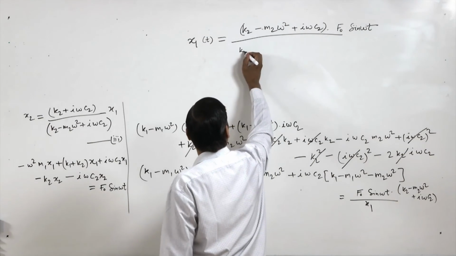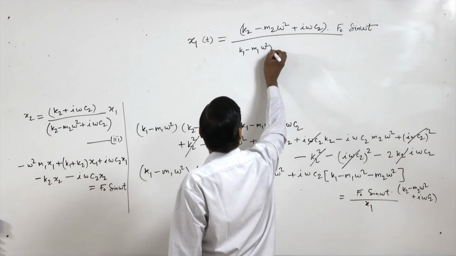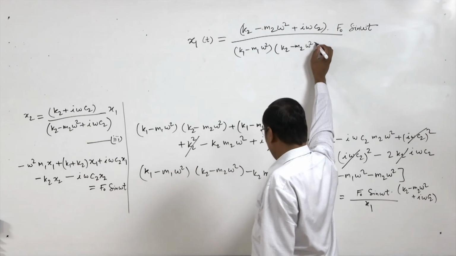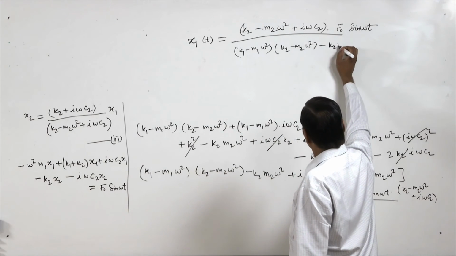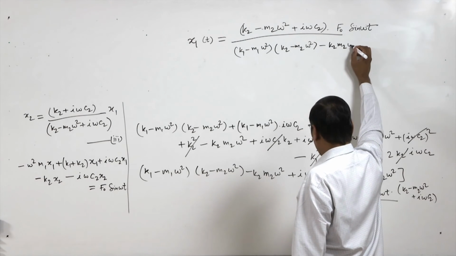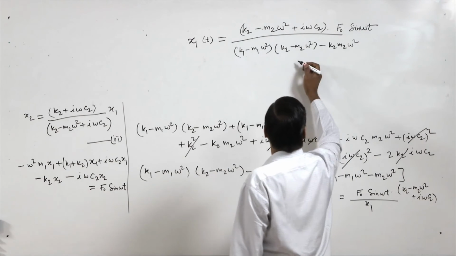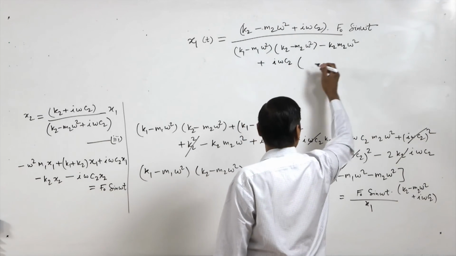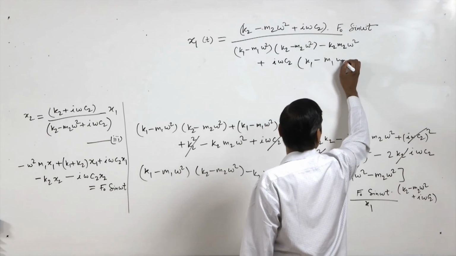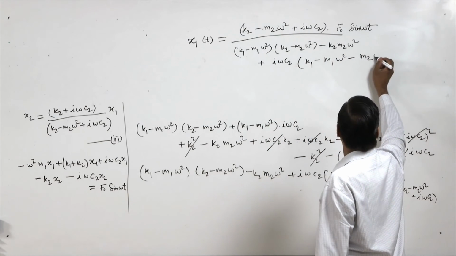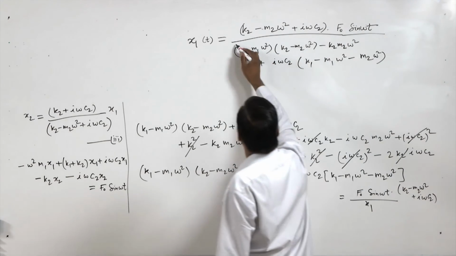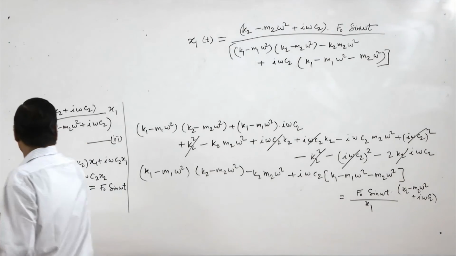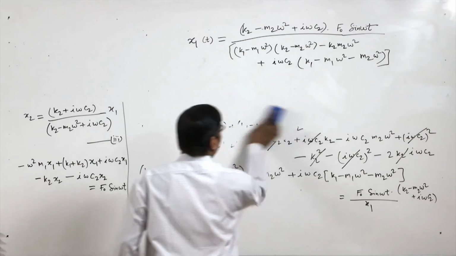So this is (k1 - m1 ω²)(k2 - m2 ω²) minus k2 m2 ω² plus iωc2 (k1 - m1 ω² - m2 ω²). So we have got x1.